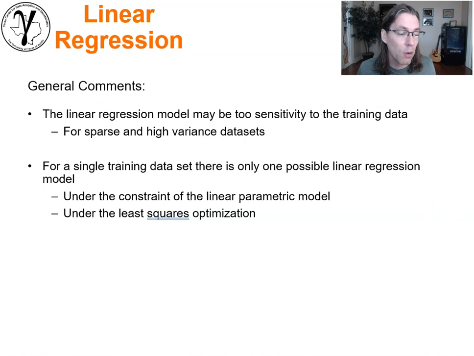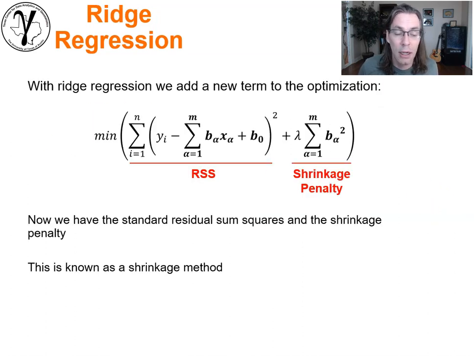And so that motivates us to move towards ridge regression. And ridge regression adds a new term. It's a regularization term. We know it as the shrinkage penalty, which basically says, go ahead and we want to fit or minimize the squared error at the training data locations, but we'll put a penalty on the size of the parameters.